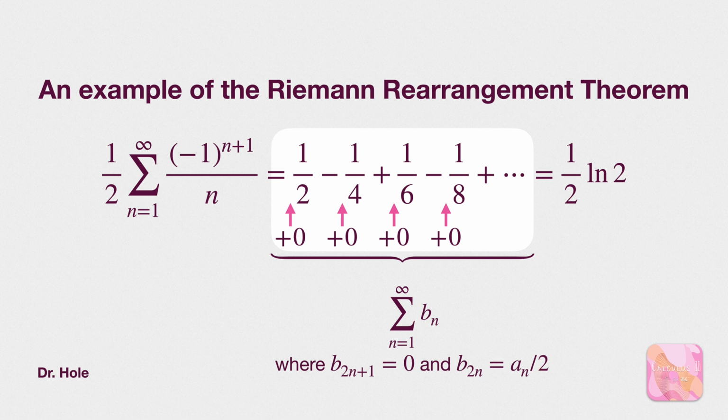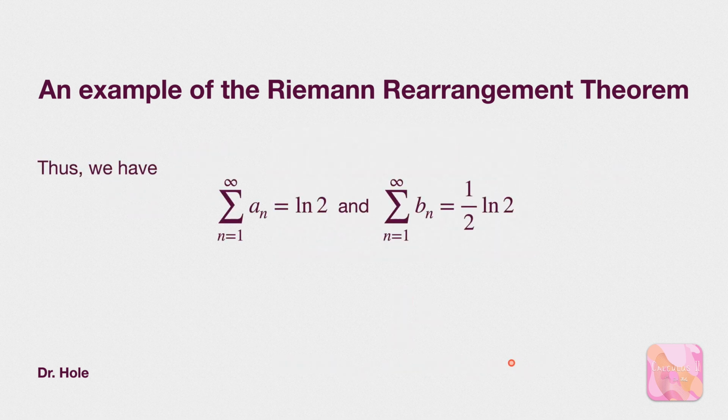All right. So we want to add up the series given by ANs with the series given by BNs. That means we should come up with a value of ln of 2 summed with 1/2 ln of 2.